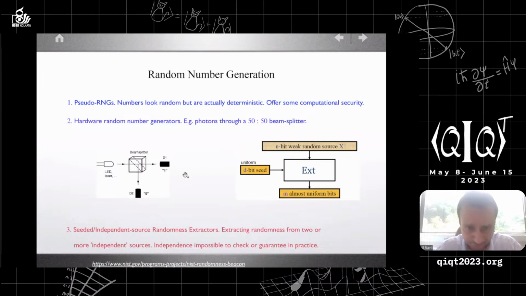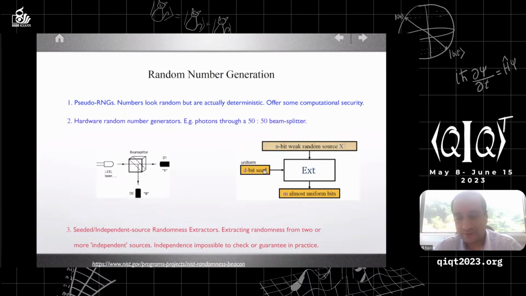So in general, the main cryptographic tool in classical cryptography for extracting randomness is called a seeded randomness extractor, or an independent source randomness extractor, which does the following.